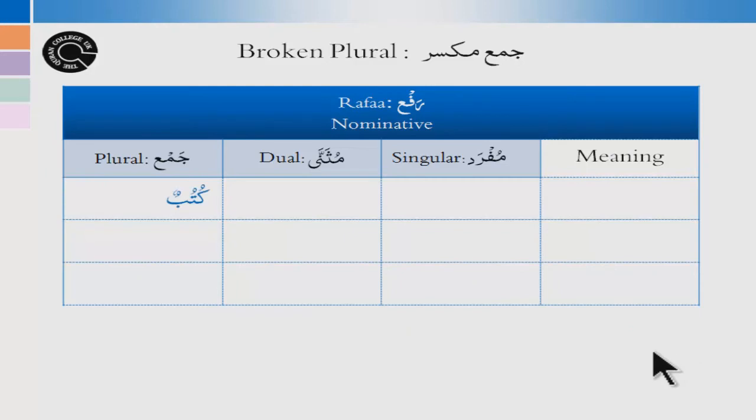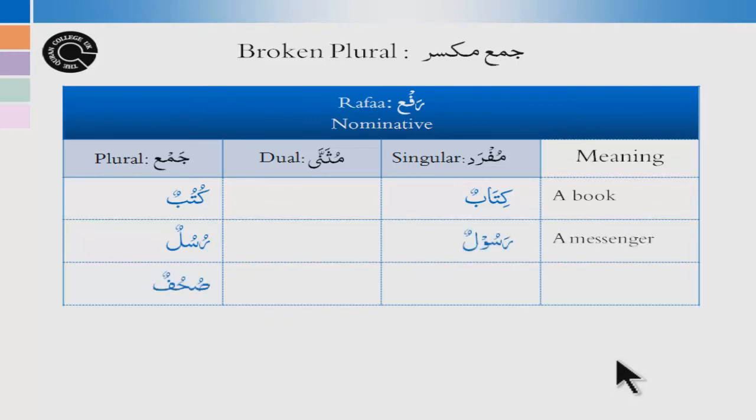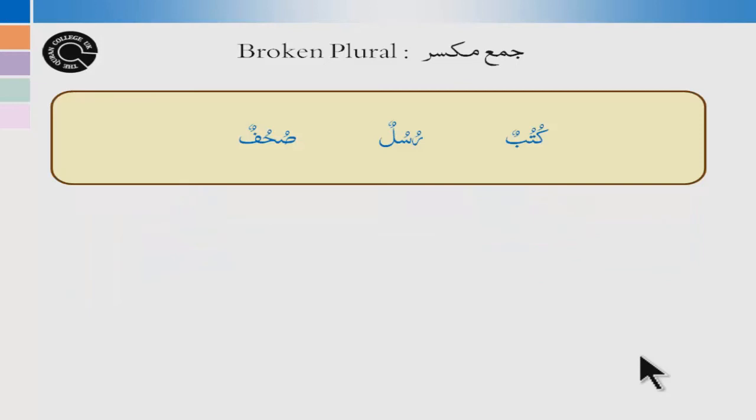Just bring another one. Kutubun is a broken plural of kitabun. Rusulun is a broken plural of rasulun. And then suhufun is a broken plural of sahifatun. So now let's derive a template from it, and the thing that is common is the first vibration, which is the dhamma. The second is also dhamma, and the last one is tanween.